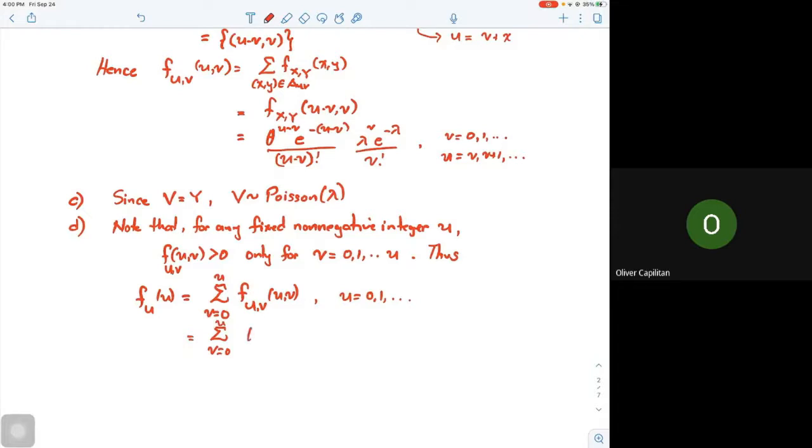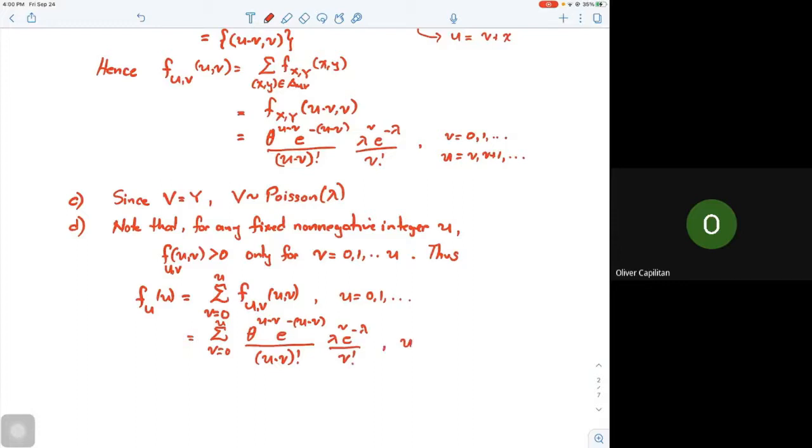Okay, so we're going to substitute our joint PMF of u and v now. We have here theta to the u minus v, e to the negative theta, over u minus v factorial. Then we have lambda to the v, e to the negative lambda, over v factorial.